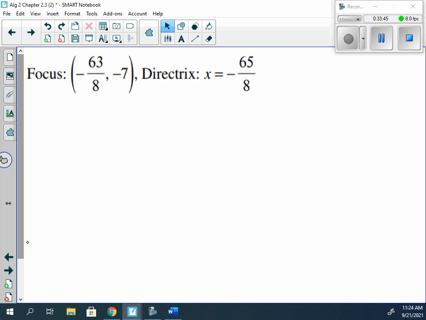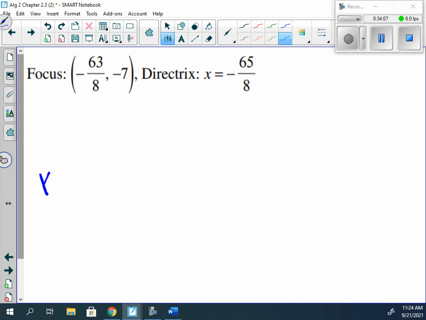The directrix. Because here it says the directrix is what? x equals -65/8, yes? Which one of the two general equations uses a directrix as x equals? The x equals 1 over 4p (y minus k) squared plus h. Because it just says x equals.